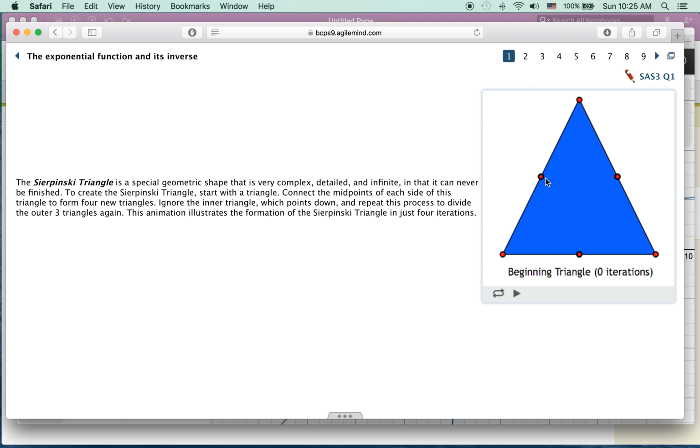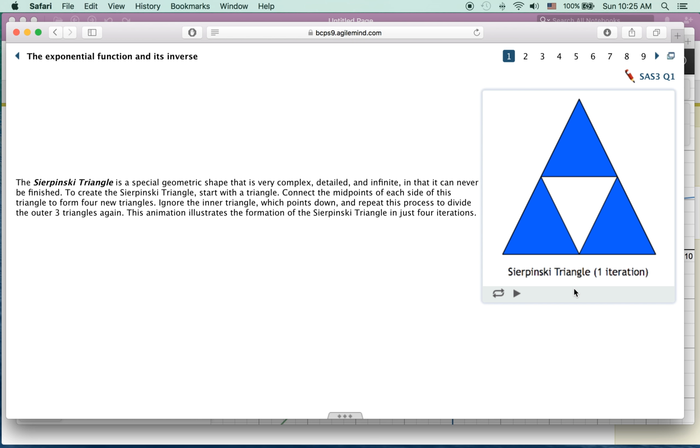What we're going to do is connect within this blue triangle these 3 dots, and cut that out. So we cut out the middle, and now we have 1, 2, 3 blue triangles, and this is after one iteration. We started with 1, we multiplied that by 3 and got 3.